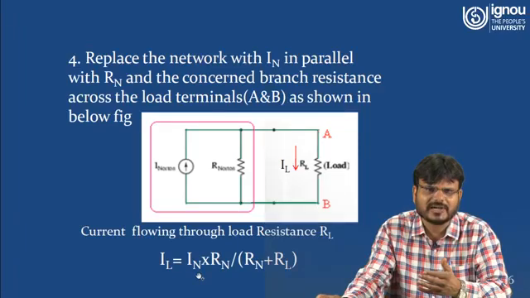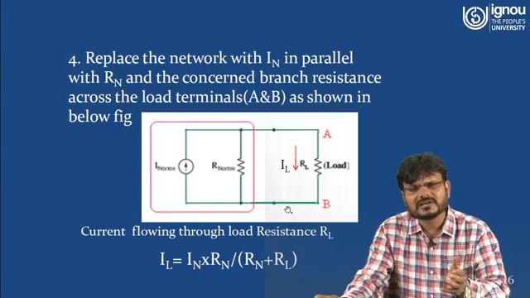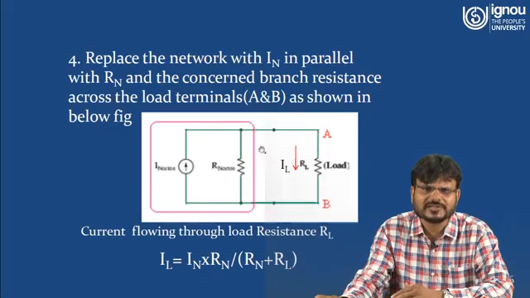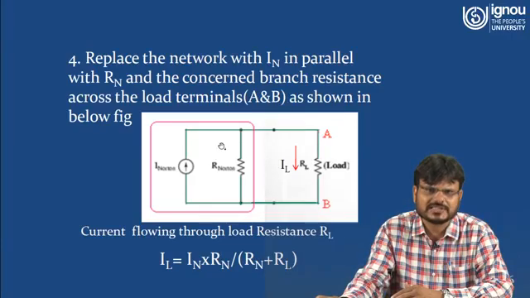So you multiply IN by RN, then divide by the summation of the resistances of the two branches: one branch having Norton resistance RN, and another having load resistance RL. So IL is equal to IN multiplied by RN upon RN plus RL.